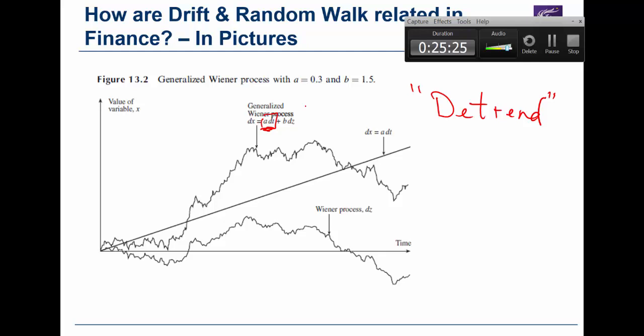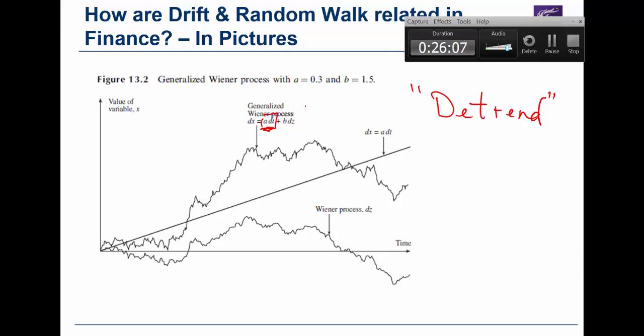So when you see something which has a drift, a trend and a variance, you use Girsanov's theorem to get rid of the drift. So now it becomes a pure martingale. You then do whatever you need using the martingale method to model your stochastic process, and after you have solved for what you need to solve for, you change it back to the original, the real probability measure. Are you with me? Is that easy to understand?